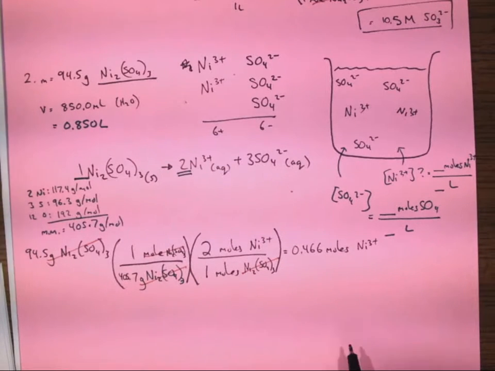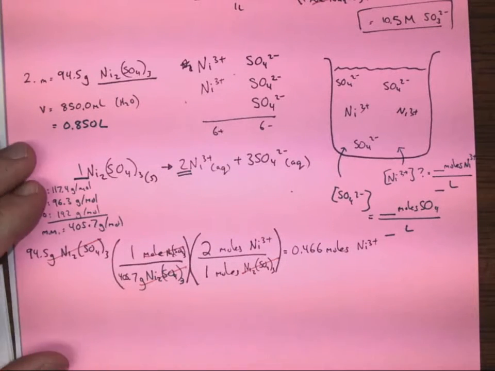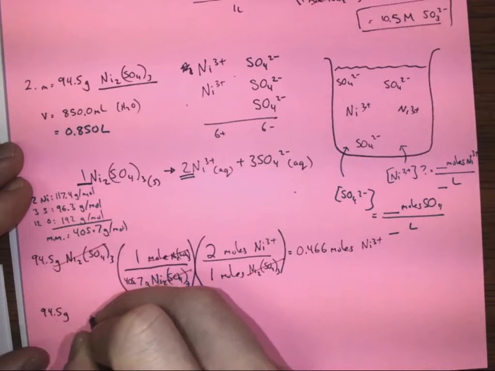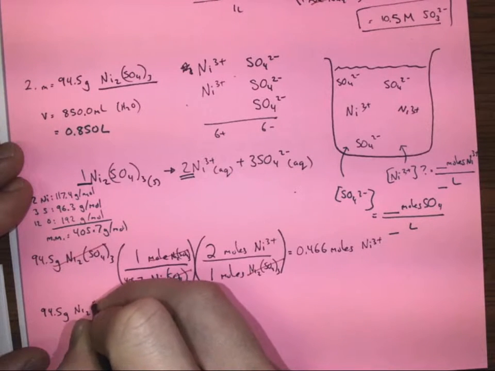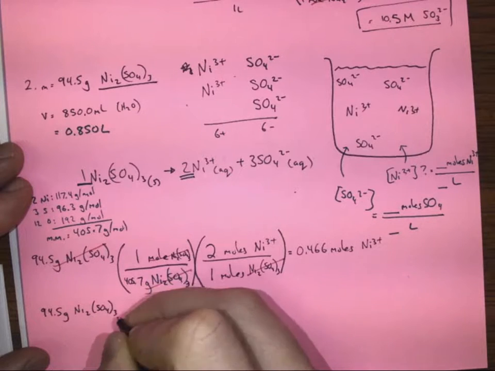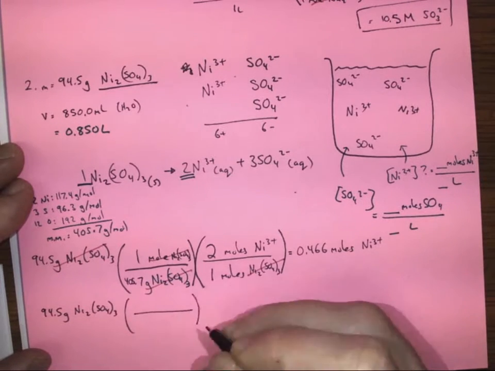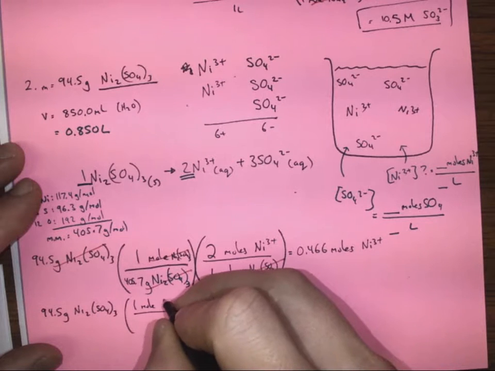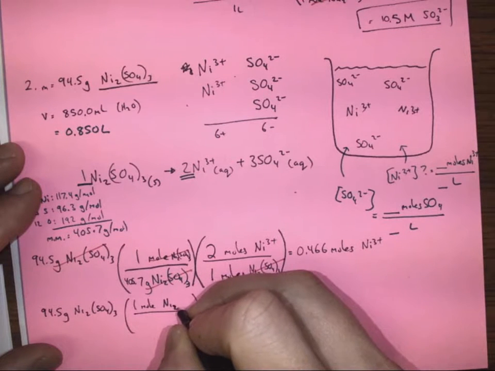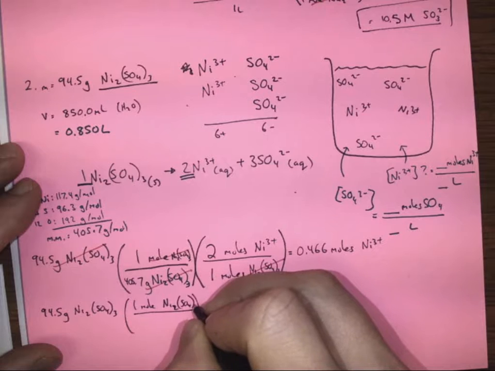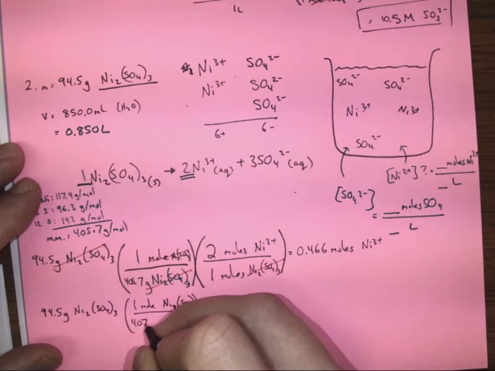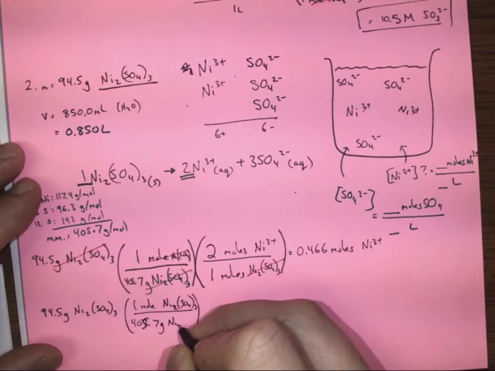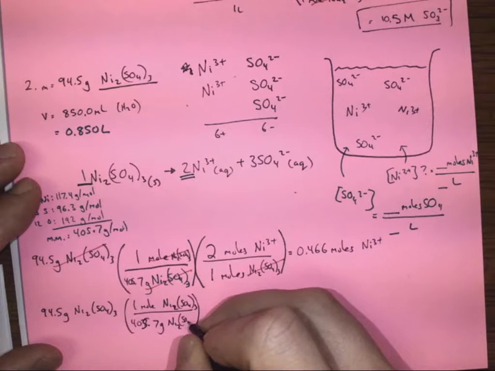I can do the same thing here with moles of sulfate. Again, it's actually a very similar calculation. It's identical, really. So I still can convert, pardon me, to SO4 for every 405.7 grams nickel 3 sulfate.